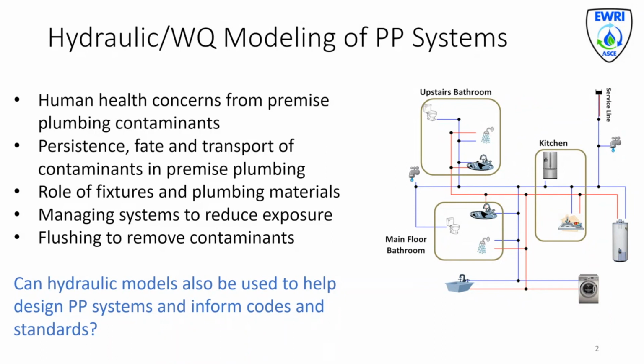So today the topic is really, can we use these types of hydraulic models to help design premise plumbing systems and to inform codes and standards, and to look to the future, how might we want to design premise plumbing systems differently if we're thinking about things like climate change or changes in population or changes in water use or other examples. That's where we're going toward today, but we're really going to focus on what it means to design a premise plumbing system today and how we do it today. Next slide, please, Bill.